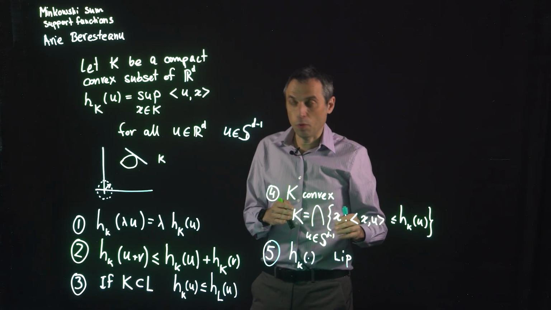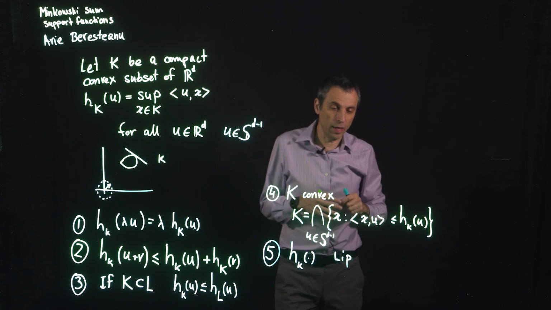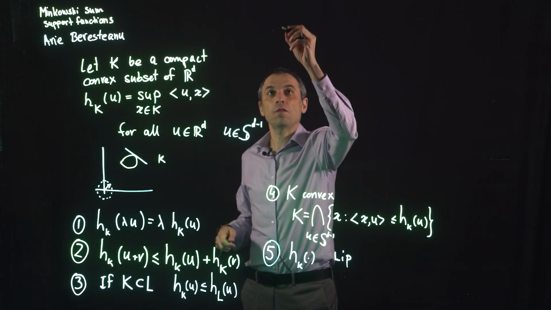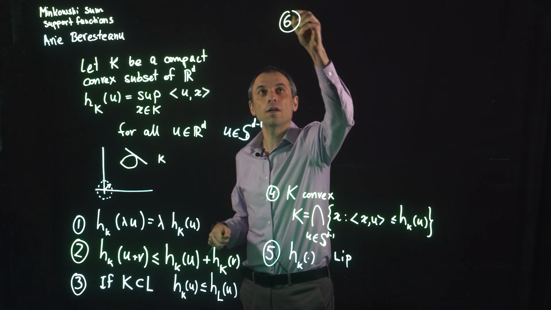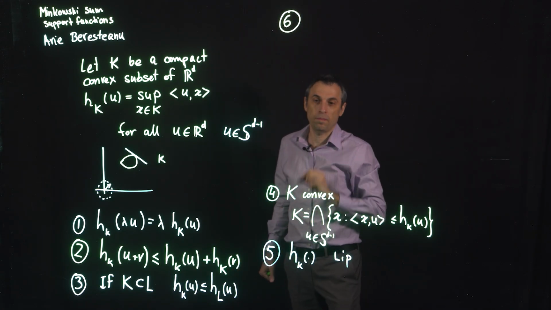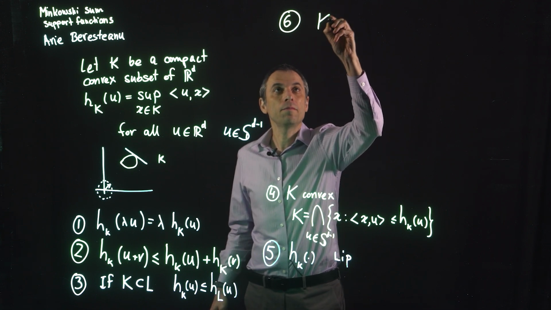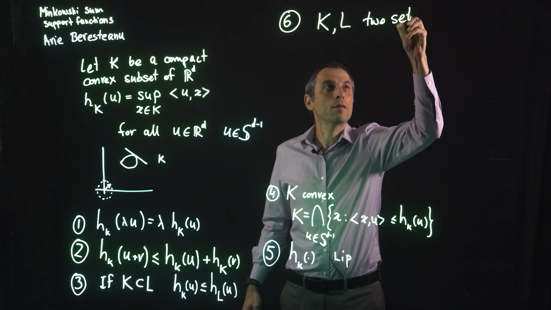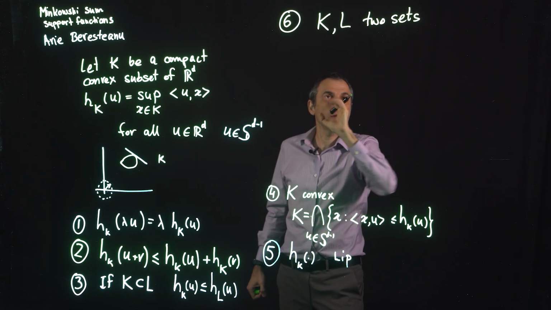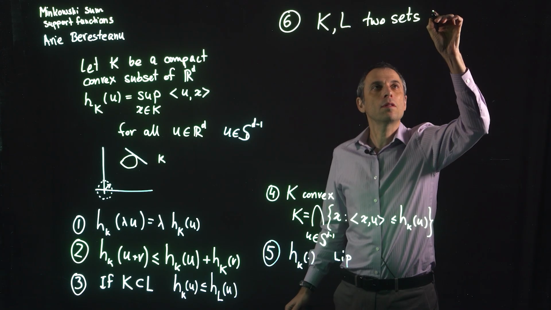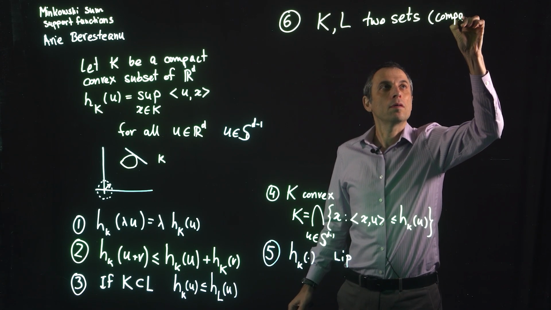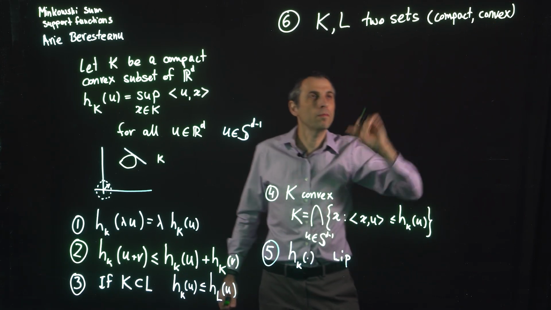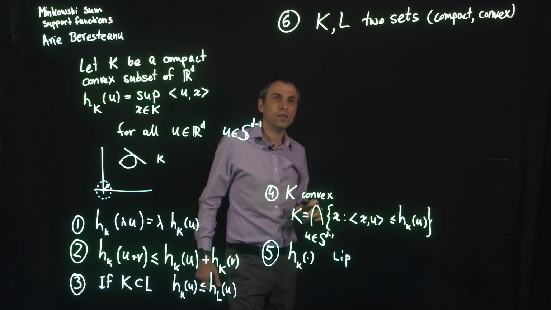So here is the punchline. The important property that connects the support function and the Minkowski sum. So property number 6, which is the important one, is that if I have two sets K and L, and again, to avoid issues, what I mean is compact and convex. I'll keep maintaining that compactness and convexity.